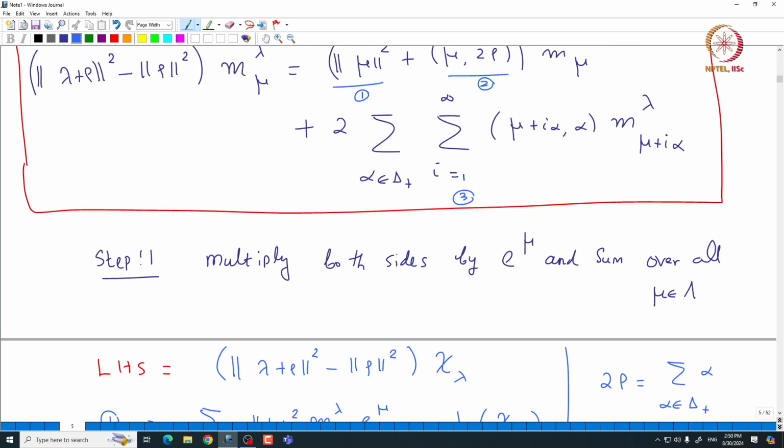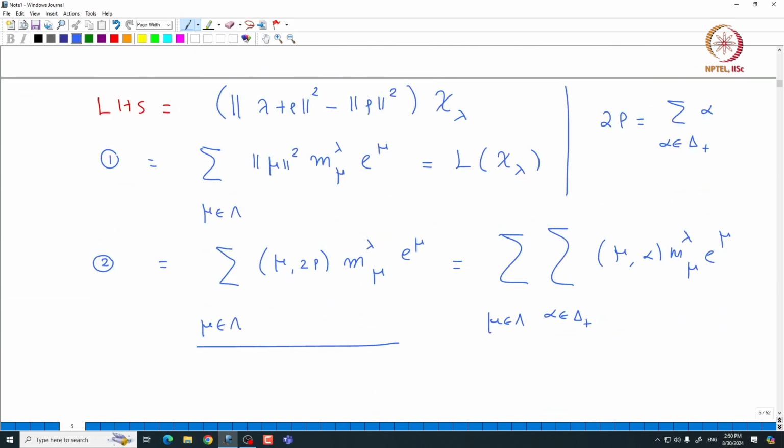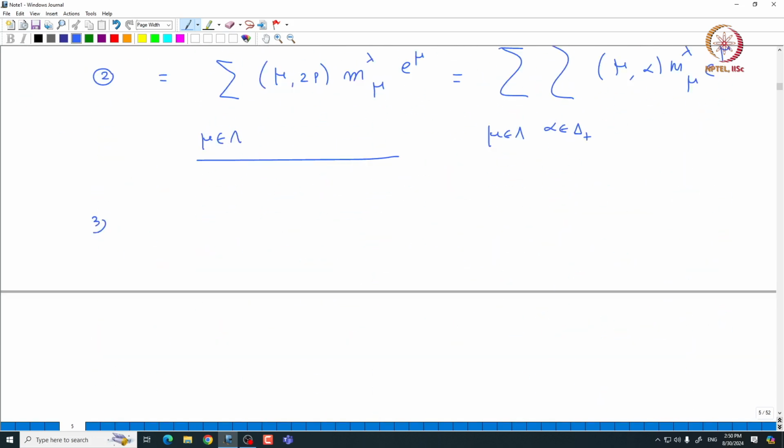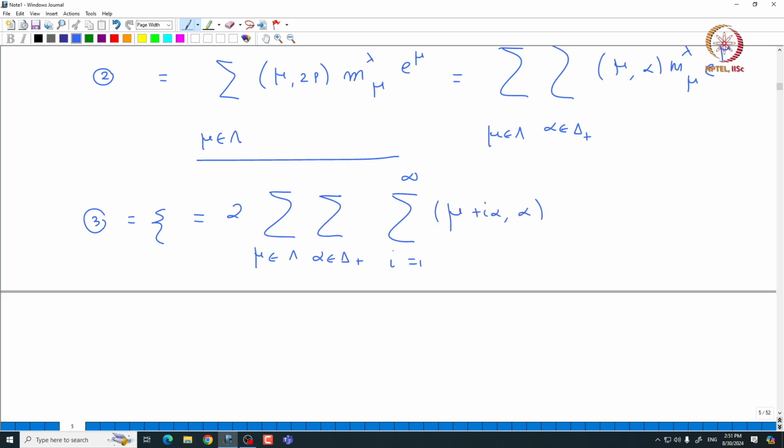For the third one, let us call it xi. This is going to be exactly twice the summation over mu in Lambda, summation over alpha in delta plus, summation i ranging from 1 to infinity of the inner product of mu plus i alpha with alpha, times the multiplicity of mu plus i alpha, times e power mu.